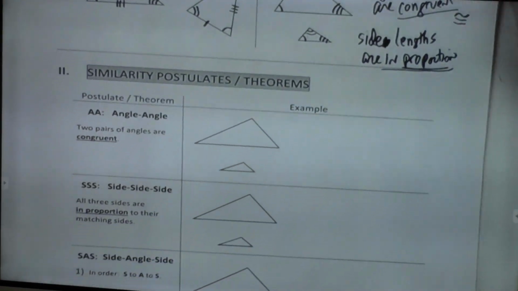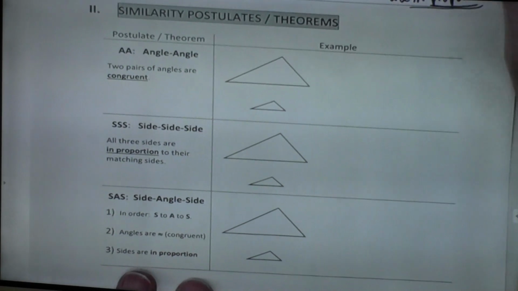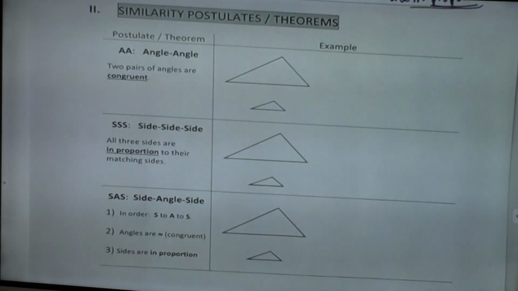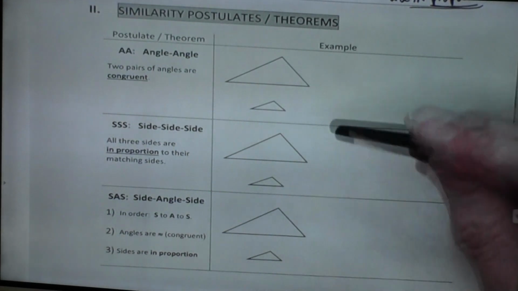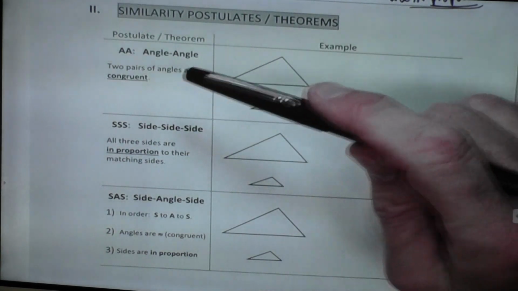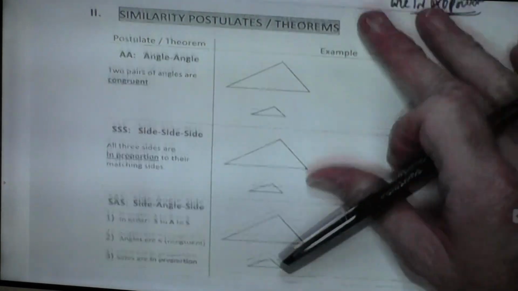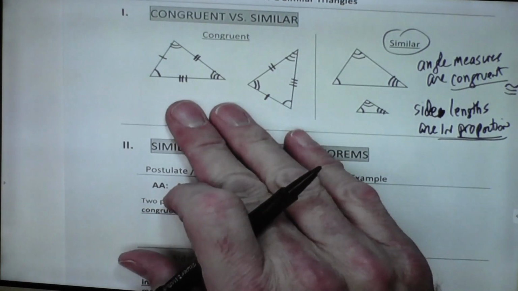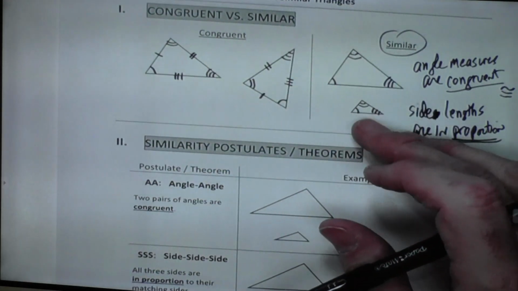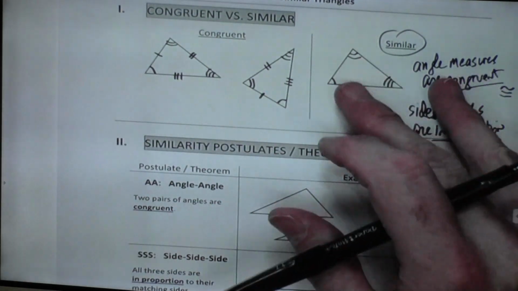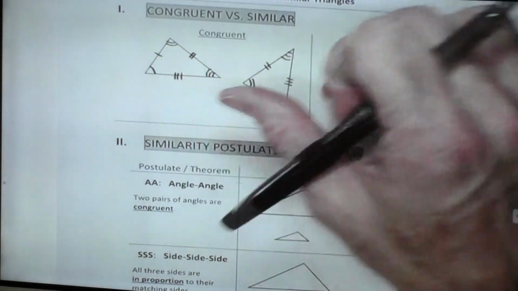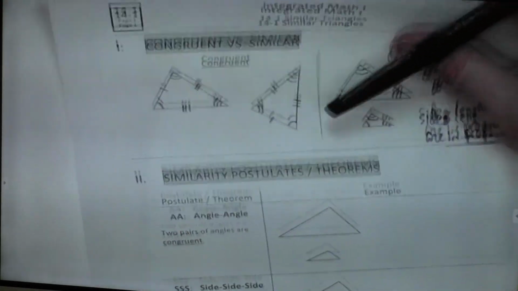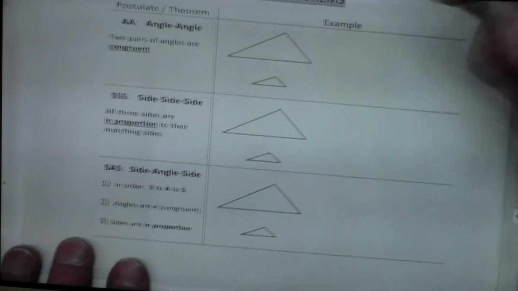Okay. So let's take a look at this. There are 3 particular postulates or theorems that tell you whether or not they are actually similar. Now, you've done congruent before. Similar is not necessarily new, but you haven't dealt with and done as much with similar as you have with congruent. So the rest of this stuff that we're doing is on similar triangles.